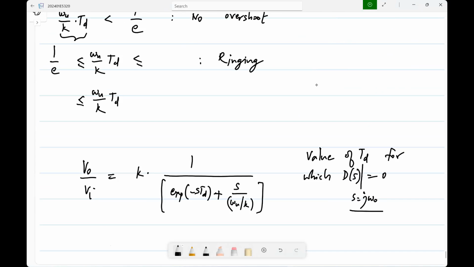What is it? For what value of Td will you get this, and what omega naught will you get?